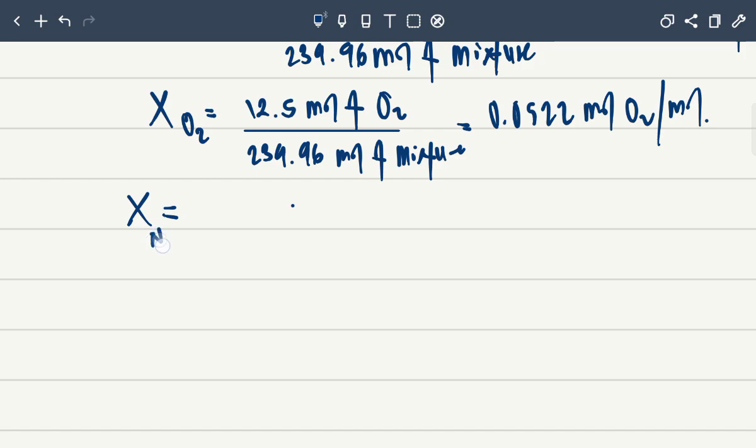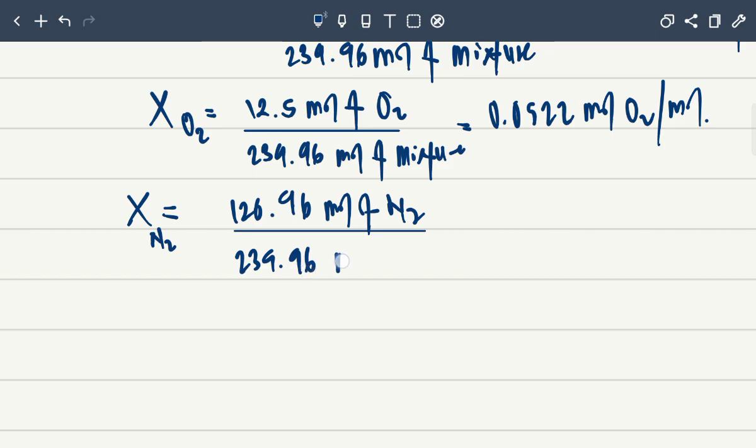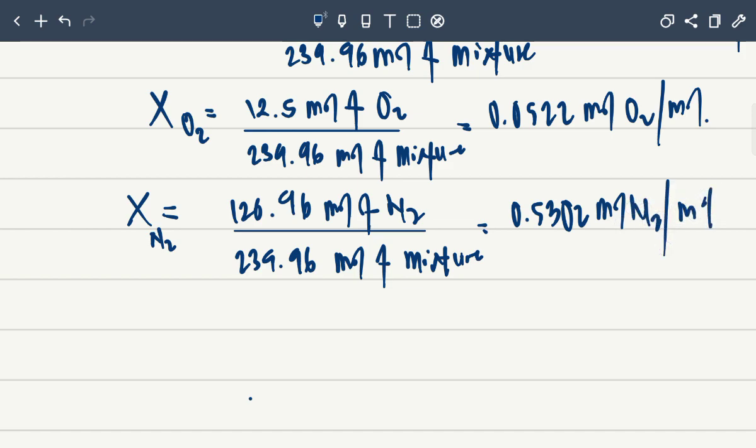N2, 126.96 mol of N2 over 239.96 mol of mixture. 0.5302 mol N2 over mol.